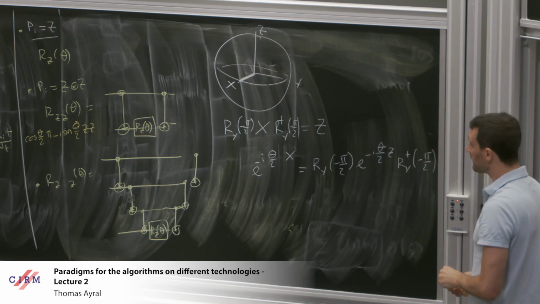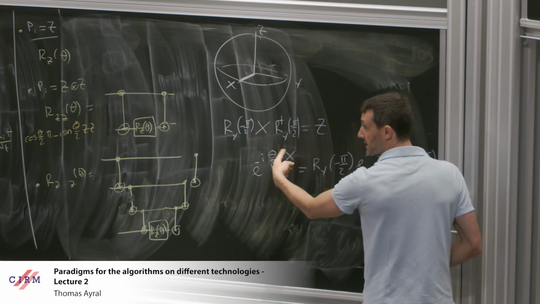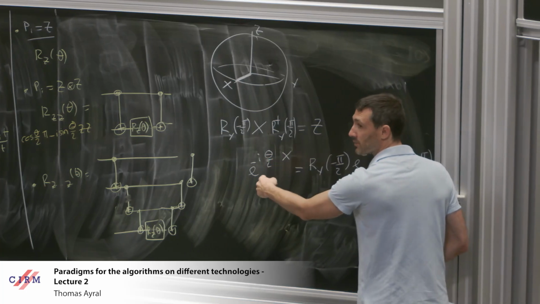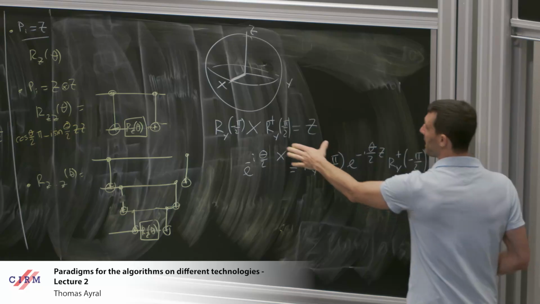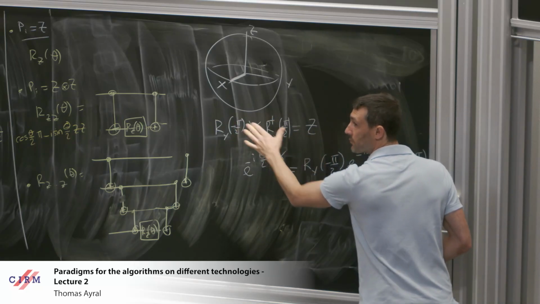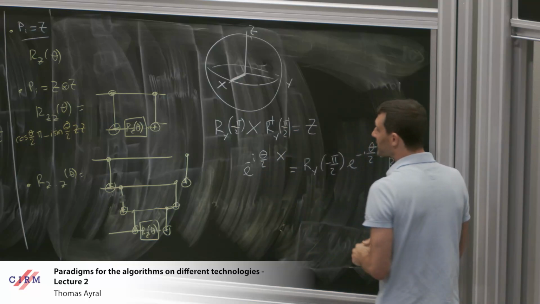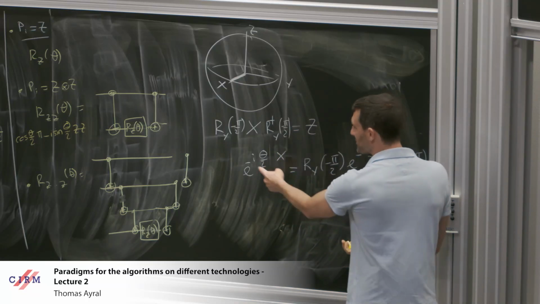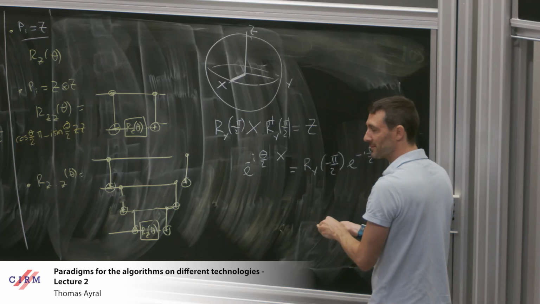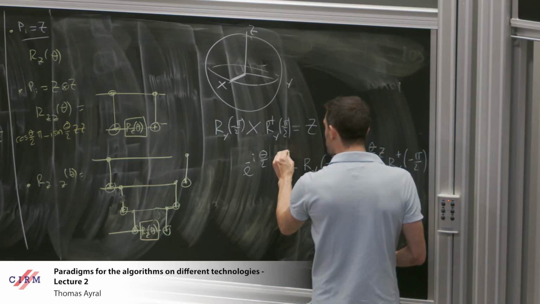And the reason why I can go from this to that is the trick with what the exponential means. You remember the exponential is cosine times identity minus i sine times X. So if I sandwich this expression with this R_y, I get this. Here it's a trivial example because I have only 1 qubit, so I could have just done the RX rotation. But let me take an example where I have X times Z, for instance.